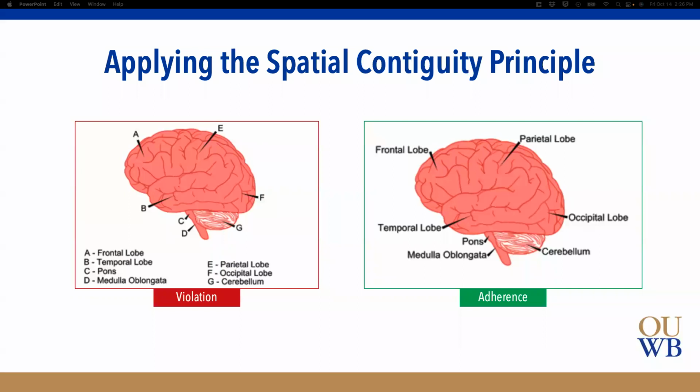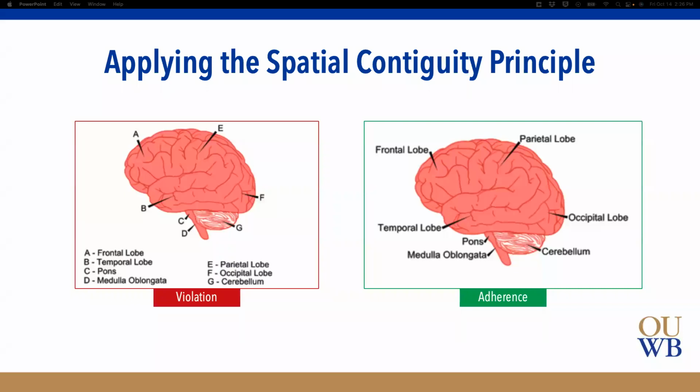Well, yeah, if your intention is to get students engaged and maybe have them identify it, that's a little bit different than what the spatial contiguity principle is trying to get across. So if you're looking for a circumstance where you want students to identify without the key, you might present an image like the one on the left first, and then have students go through and identify what A is, what B is, what C is, what D is, et cetera.